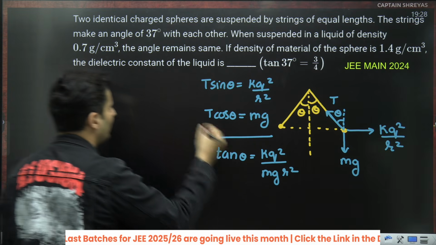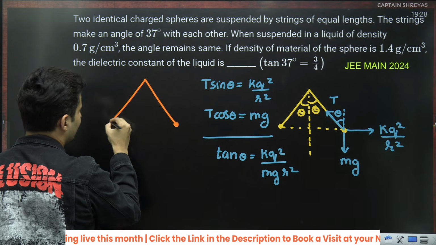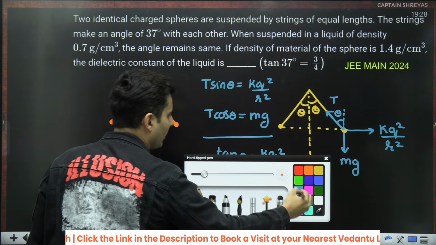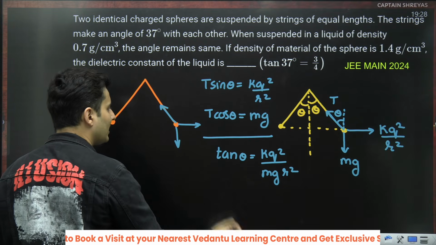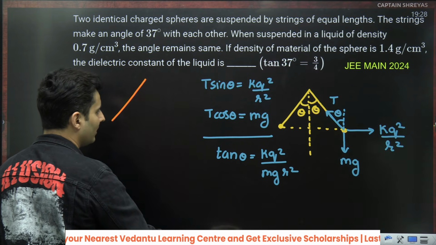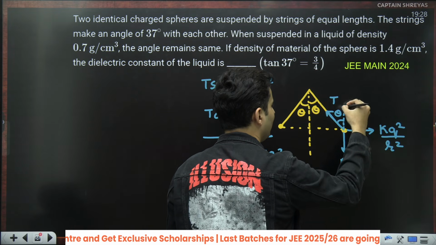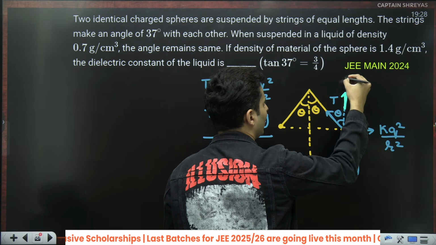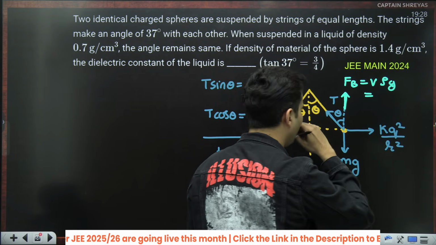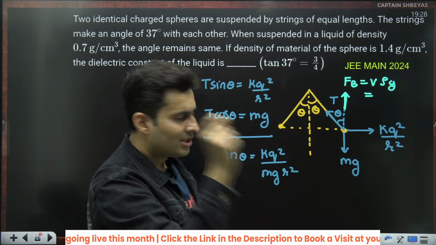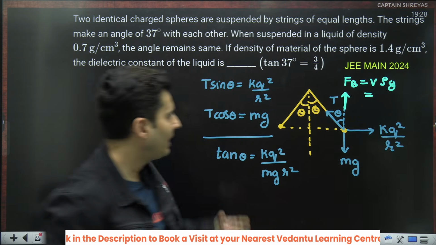In the next step, what happens? The only difference is these two wires are still there. Apart from your regular tension, mg, and electric force, you additionally get the buoyant force. That's the only difference. Distances, etc., everything is the same. So additionally, you are just going to add one extra buoyant force, and that buoyant force is V rho g, volume of that charge, because density is mass by volume, so volume will be mass by density.